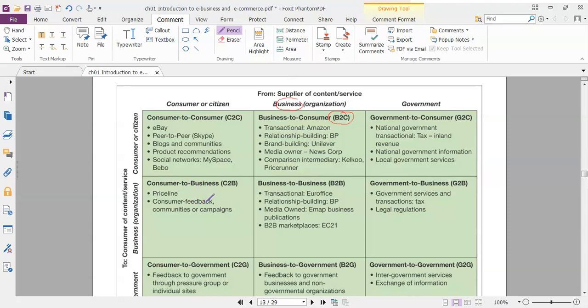After you get the services from Foodpanda or Grab, you need to fulfill the information or feedback or survey from them. That is one of the methods of consumer to business.